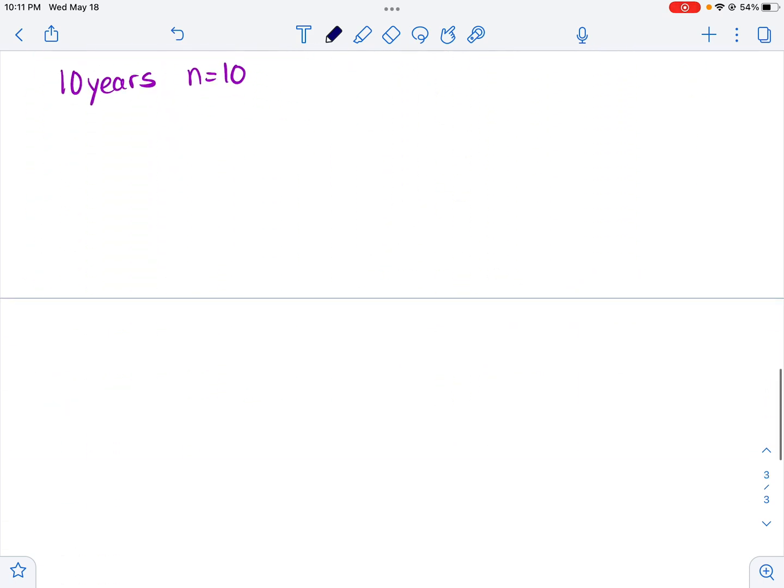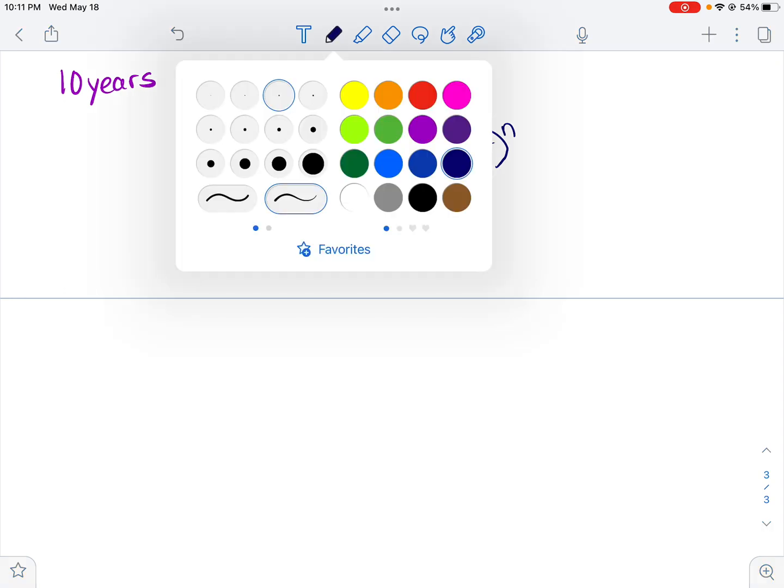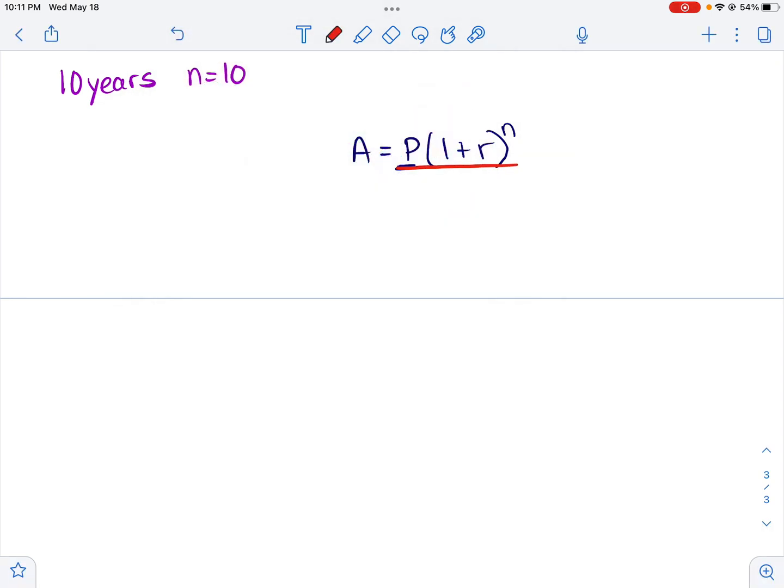Okay, so say we had A equals P times 1 plus R to the power of N. Let's say we wanted to rearrange it for P. So what we could do is divide both sides by 1 plus R to the power of N. Those would cancel out because they would just divide by each other and equal 1.